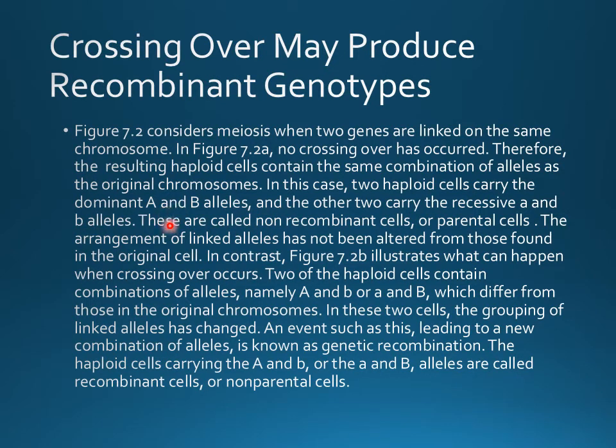नॉन रिकम्बिनेंट इसलिए कहा क्योंकि आपस में इन्होंने कोई एक्सचेंज ऑफ सेगमेंट नहीं किया। अगर एक्सचेंज ऑफ सेगमेंट किया होता तो ये आपस में एक दूसरे के साथ क्रॉस होते, तो maybe जितने भी आगे गैमेट्स बनते उनमें एक डोमिनेंट वाला होता और एक रिसेसिव वाला होता। ठीक है, ये वाला कॉम्बिनेशन बन सकता था, यानी B a के साथ आ सकता था और A b के साथ आ सकता था, क्योंकि अगर क्रॉसिंग ओवर हुई होती। लेकिन अगर क्रॉसिंग ओवर नहीं है तो सेम ही अलील एक जगह पे मौजूद होगा और सेम अलील दूसरी जगह पे मौजूद होगा। These are called non-recombinant cells or parental cells.